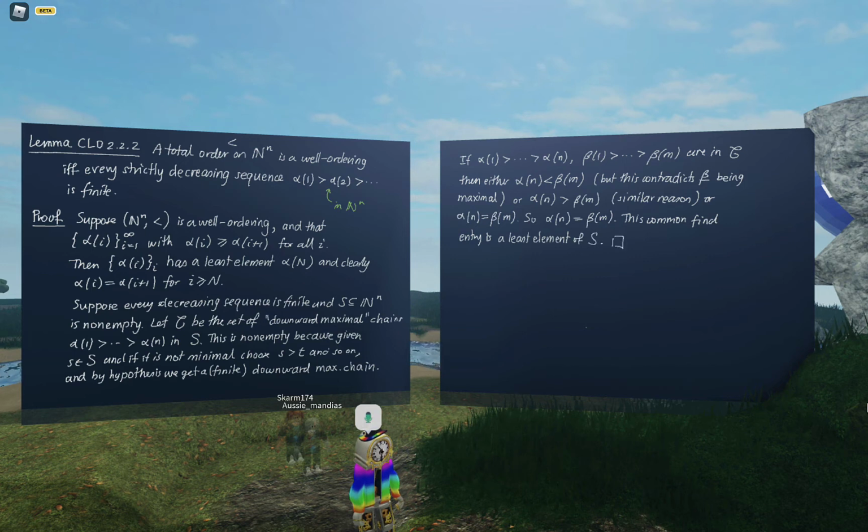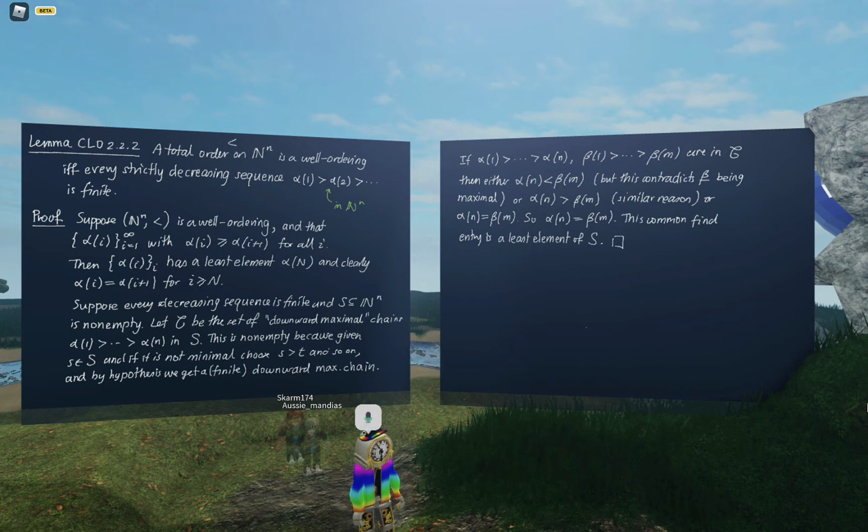Well, take any element in S and construct that downward maximal chain that starts with it, as I did earlier, that finishes somewhere, and by what I just said, that somewhere is the same element that works for every element of S. So that's a minimal or least element. Okay, maybe that was a little bit technical. It's not too important. This technique is not something we're going to use again.